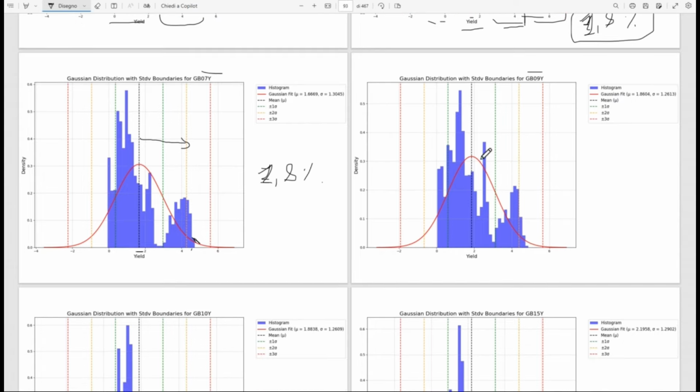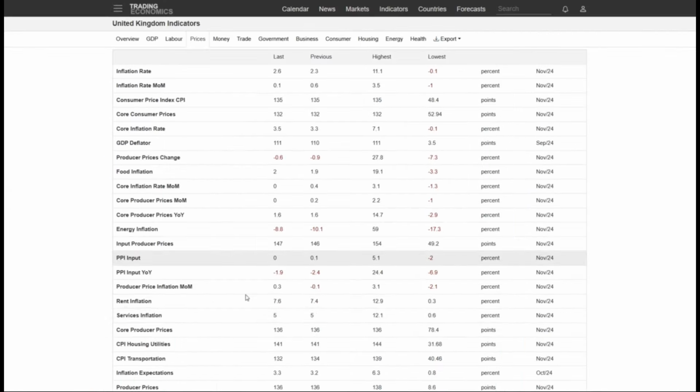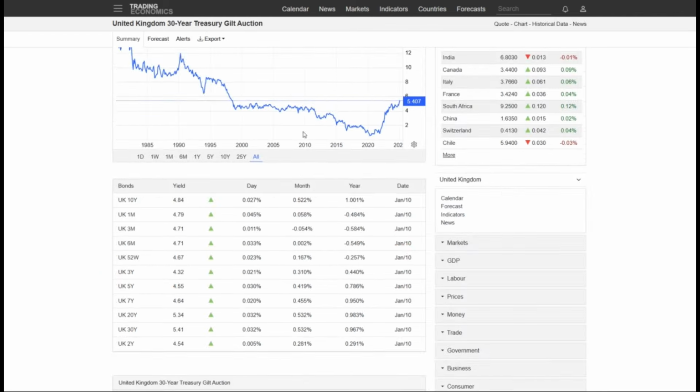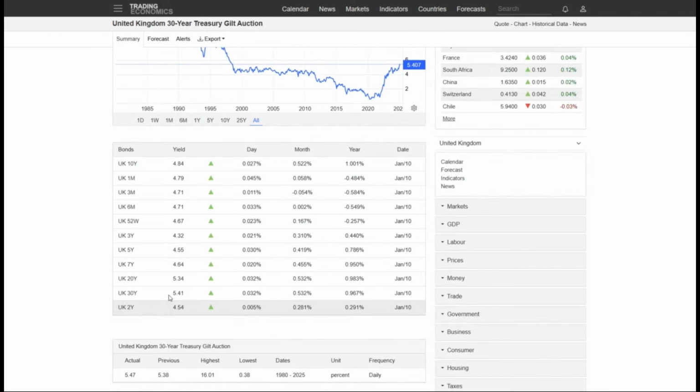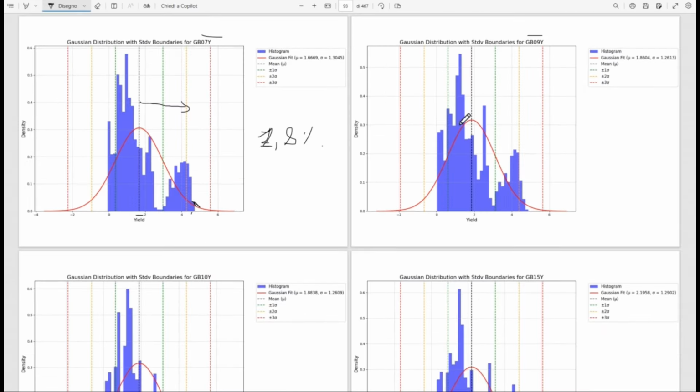Again, the 9-year cost of borrowing, I think I sweat a lot, I'm sorry. I don't have the 9-year here, I don't mind, but I hope the concept is clear. Most of the data are near the normal cost of borrowing, which is the peak of the curve, the average cost for the 9-year, let's say 2%.